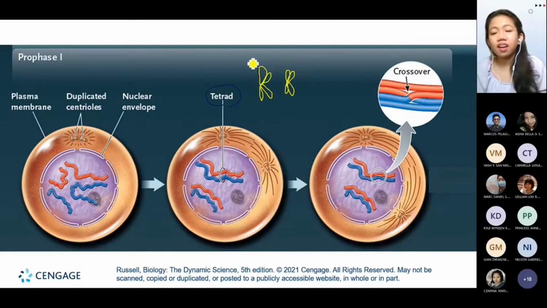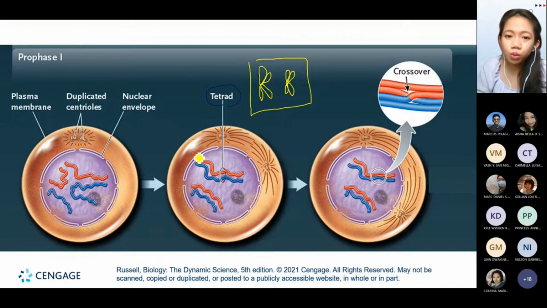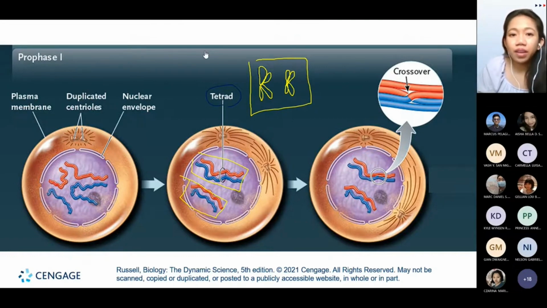That's a tetra. So, nagkakaroon ng combining of 2 homologous chromosomes. 4 sila, 4 na chromatid, and they interact with one another in the process of crossing over.